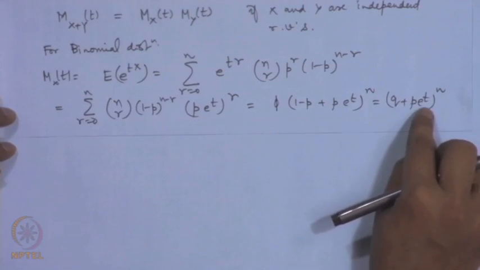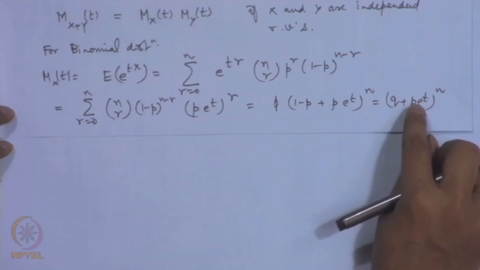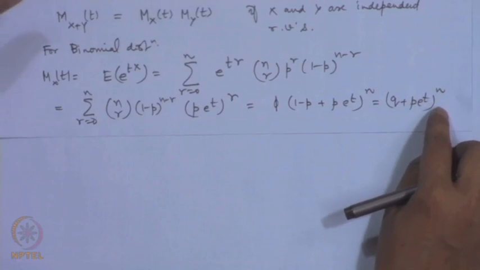So, the moment generating function of a binomial distribution with parameters n and p can be written as (q plus p e to the power t) whole to the power n.